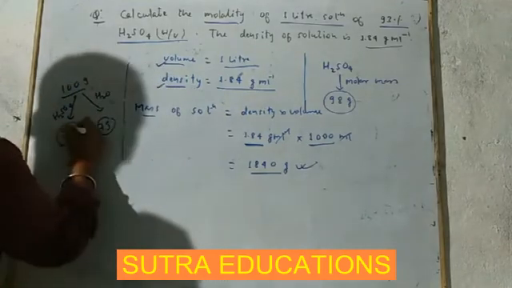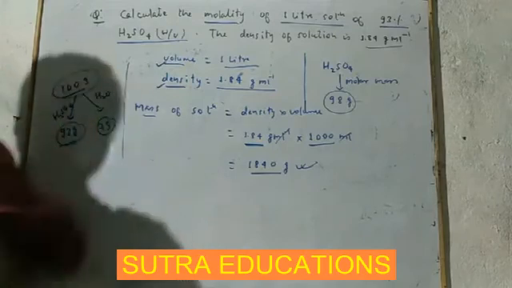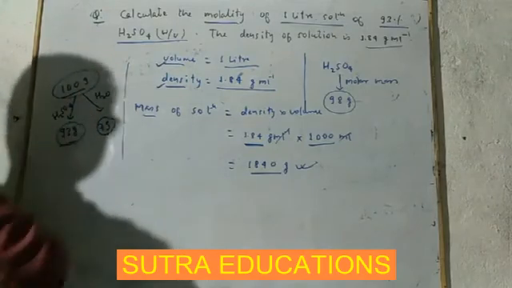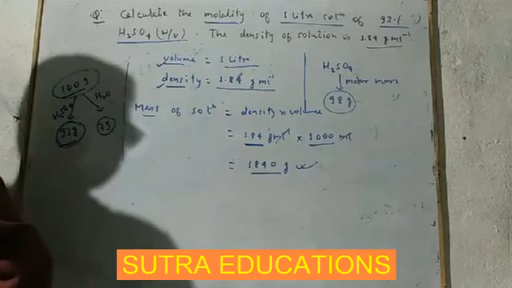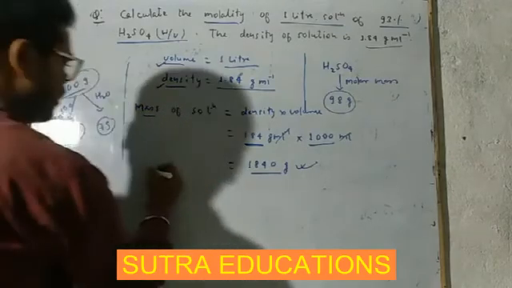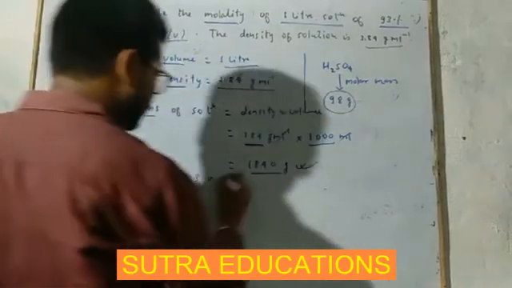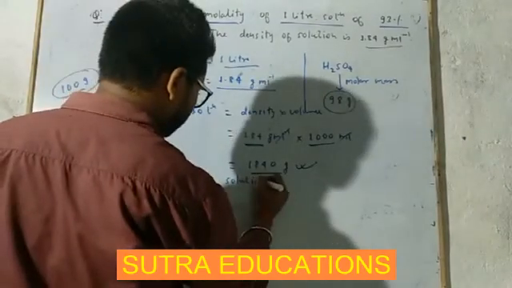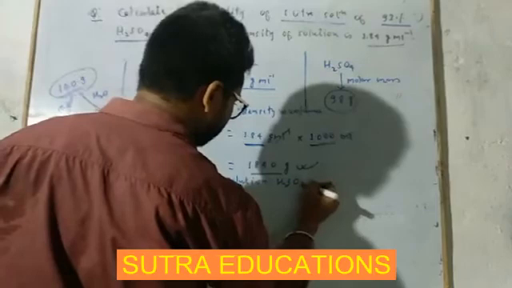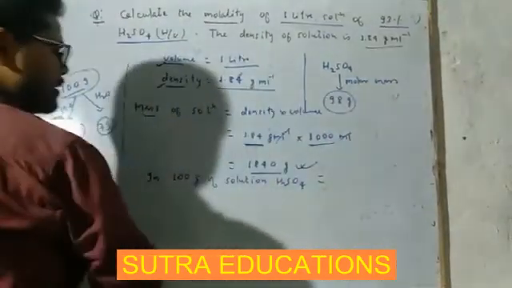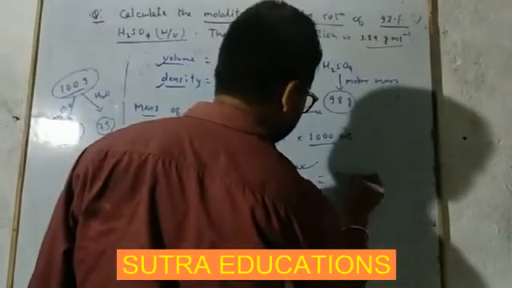Getting this? So in 100 gram of solution, H2SO4 is equal to 93 gram.